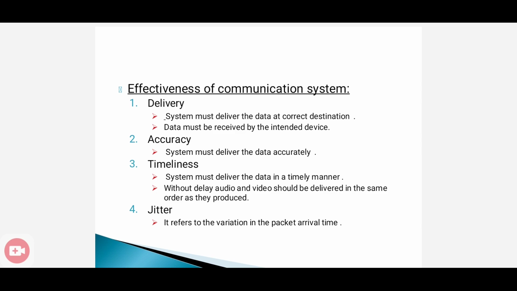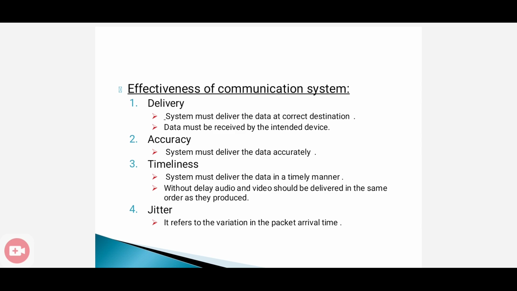What is jitter? It refers to the variation in the packet arrival time. If there is any variation in the packet arrival time, it will definitely affect the performance or the effectiveness of a communication system. So we should be very careful with jitter. What do you mean by a packet?